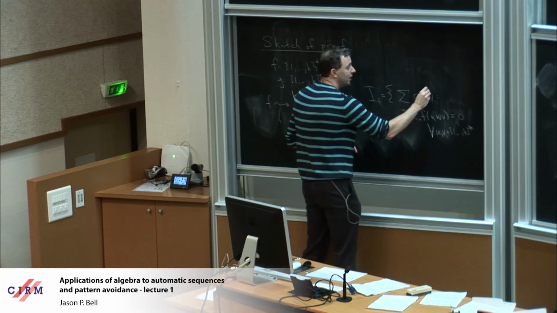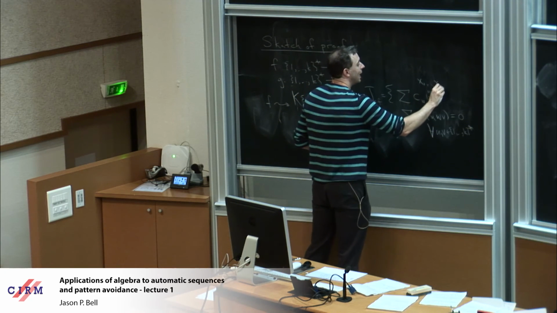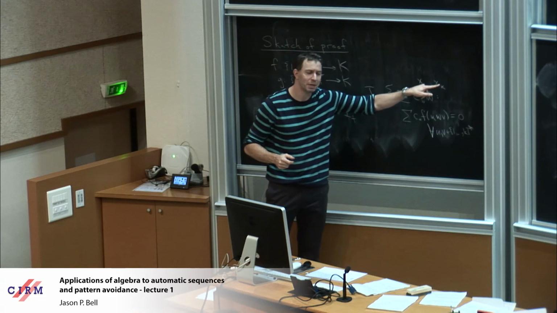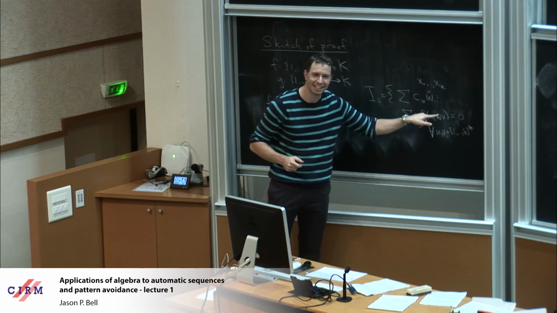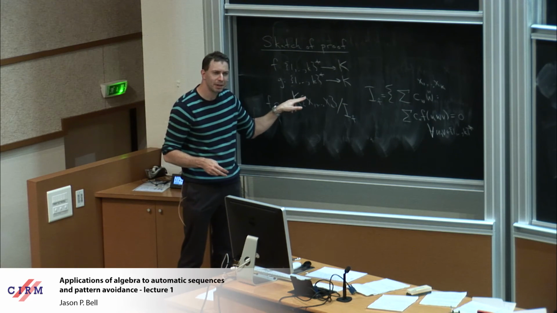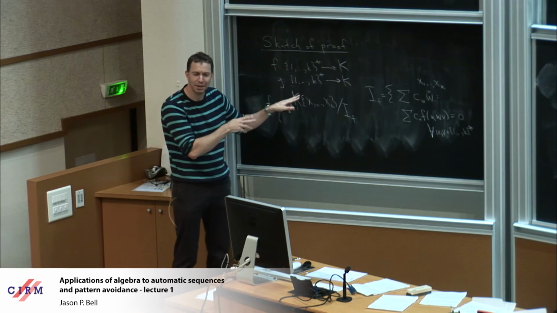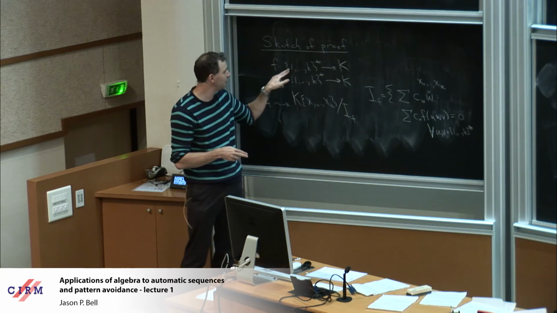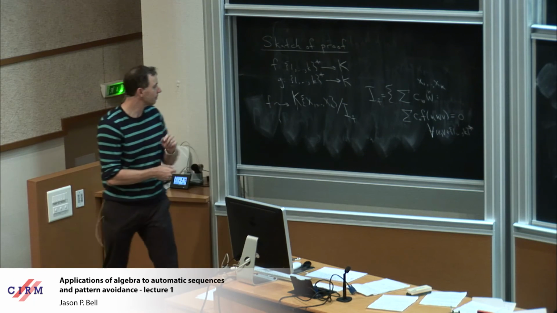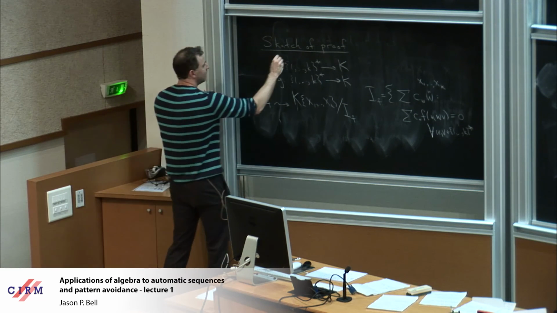These words are really on the alphabet x1 through xk. But in my head, I'm just thinking of x1 as being 1, and x2 as being 2, and xk as being k. I don't want to put an algebra on 1 through k, on the numbers. So I'm really thinking of x1 as being 1 when I talk about this evaluation. So if you like, I can identify.